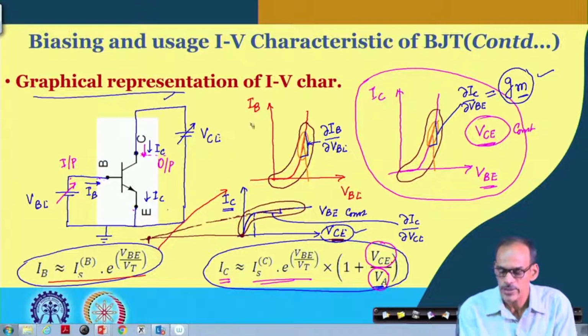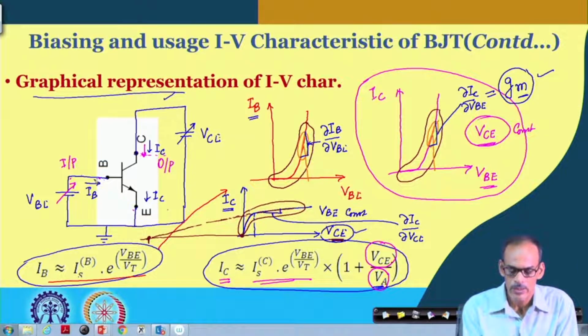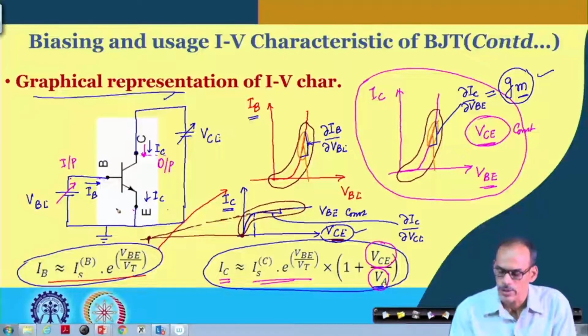In fact, it is expressing the relationship between the input terminal current and input port voltage. So, you may say that this is nothing but 1 by input port resistance, it is 1 by R pi.